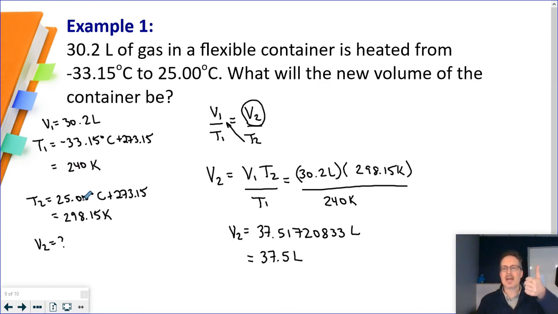My temperature went up. Therefore, I expect my volume to go up. So 30.2 goes to 37.5. We can assume I did the question correctly. 1 mark for formulas, 1 mark for substitution with unit, 1 mark for answer with units and correct significant digits.